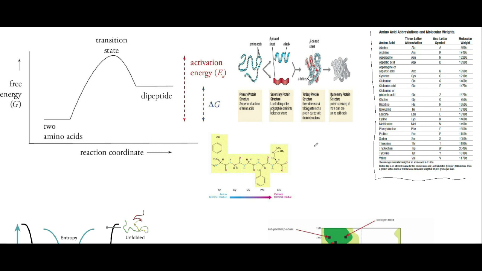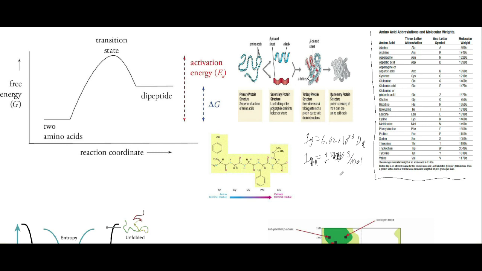A Dalton is defined so that 1 gram is equal to 6.02 times 10 to the 23 Daltons. And so what we can say is that 1 gram is equal to 1 Dalton, or no, it'd be the other way around: 1 Dalton is equal to 1 gram per mole.